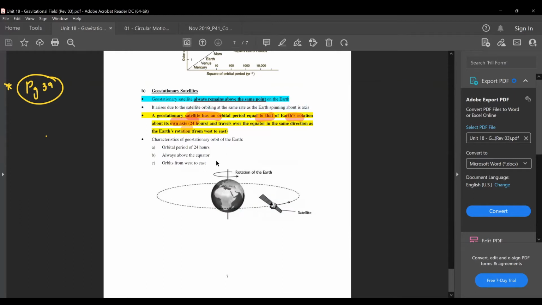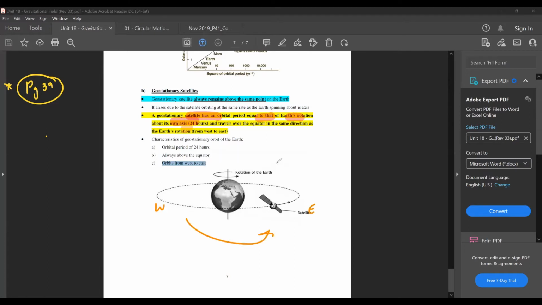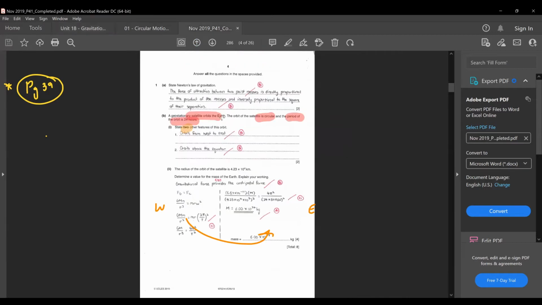Okay, and there were 3 characteristics for your satellite to always be above the same point. The first one was that it must have an orbital period of 24 hours. It must be orbiting above the equator, and it must be orbiting from a direction west to east in this direction. So it must follow how the Earth rotates in a way.